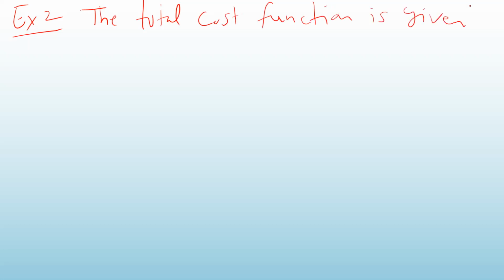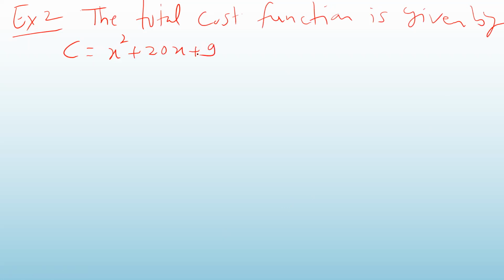Exercise number 2. The total cost function is given by C equal to x squared plus 20x plus 9.